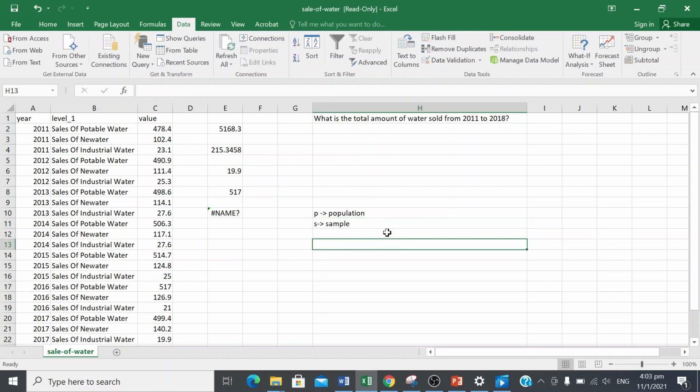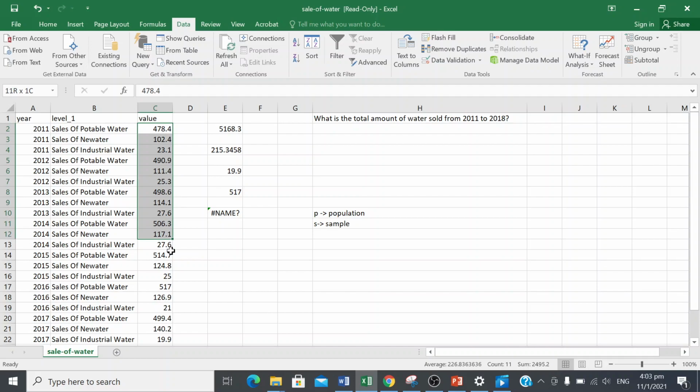In statistics, whenever the population is very huge, imagine if this data has got 2 million, 3 million, or 10 million data sets, trying to run these formulas on everything will be quite difficult. So usually, from the data set itself, a sample is extracted.